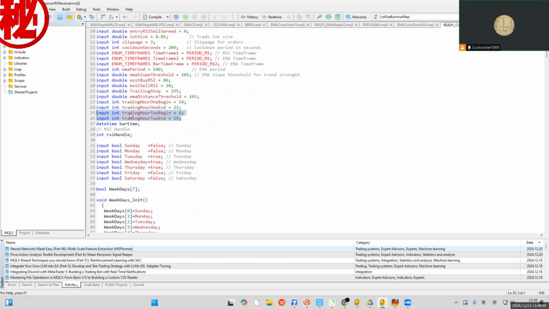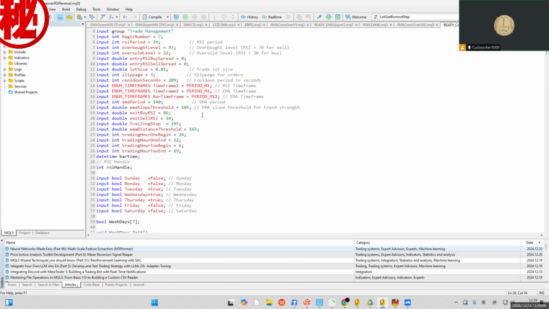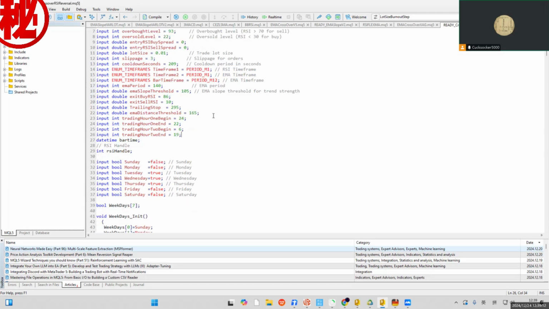Basically the idea is to avoid the New York session where you have a huge down spike. Even if the RSI shoots back up to the overbought or oversold level, it's still going to be trending downwards. And even outside those trading hours, there are still chances that you're in a one-sided market.